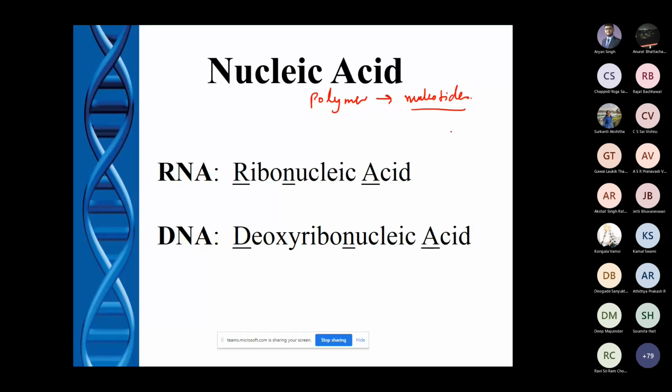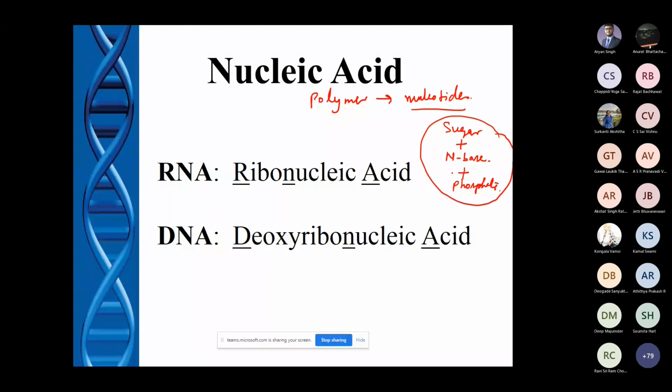One is sugar, plus nitrogenous base. It's a kind of complicated structure, I'm not going into details. And then the phosphate. Okay. So these three moieties together form a nucleotide. And the repeating subunits of nucleotides make a polynucleotide chain, and finally RNA and DNA.